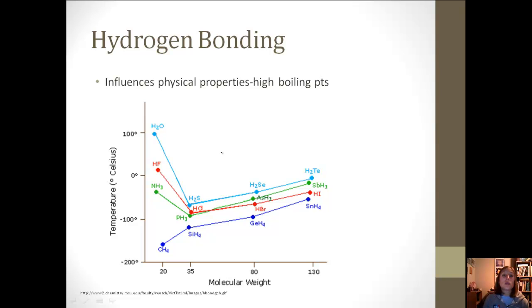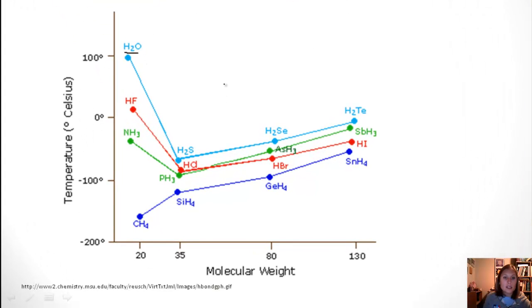Okay, hydrogen bonding, because it's so strong, and remember we said that these were involved in changes of physical state, will influence physical properties such as boiling point. So if we take a look at these three molecules that have much higher boiling points than a lot of the others, this is because we have hydrogen bonded to oxygen. So let me clarify.